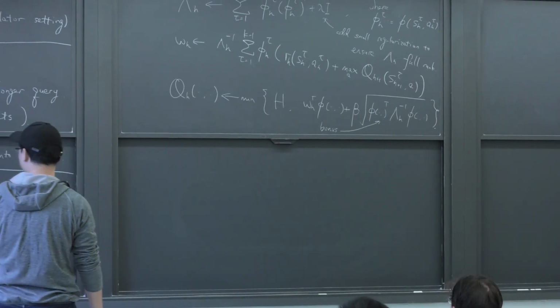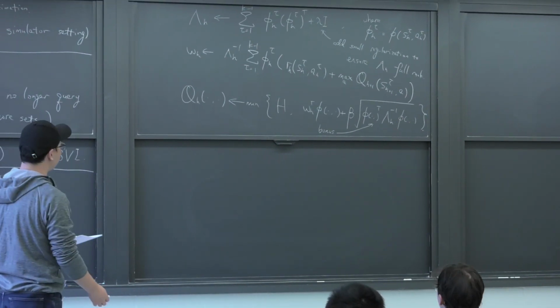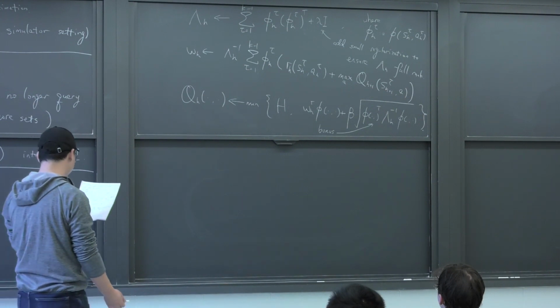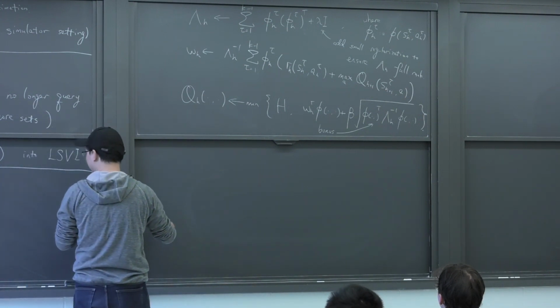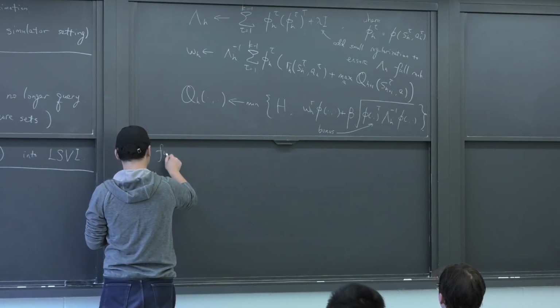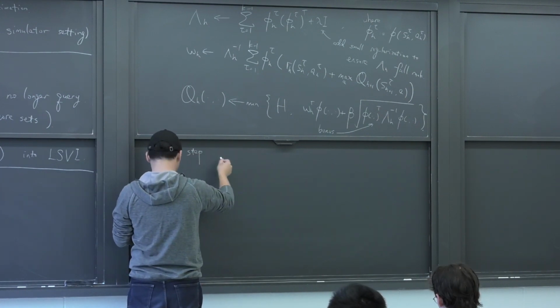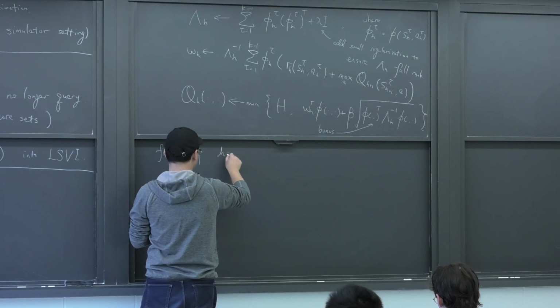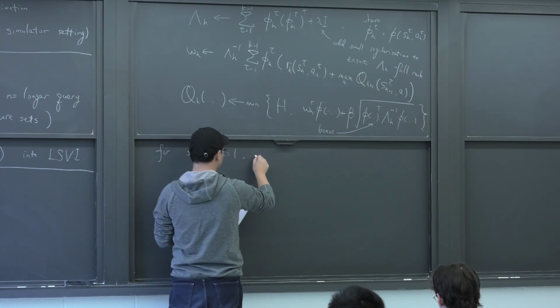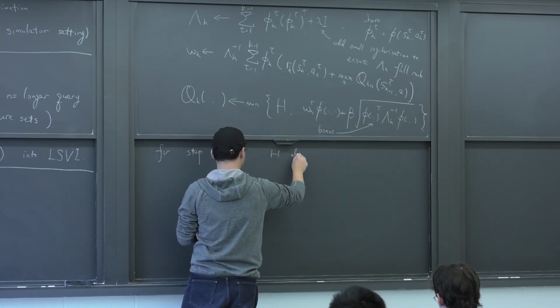So this more or less finishes the first part of the algorithm, essentially how we do the value iteration based on the previous data. Then the next step is very straightforward. The remaining thing is, for step h from 1 to capital H, we do the following.